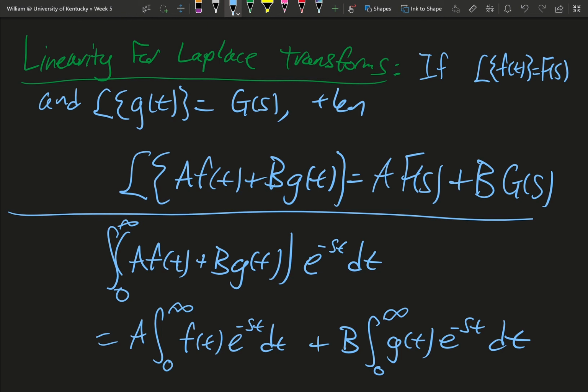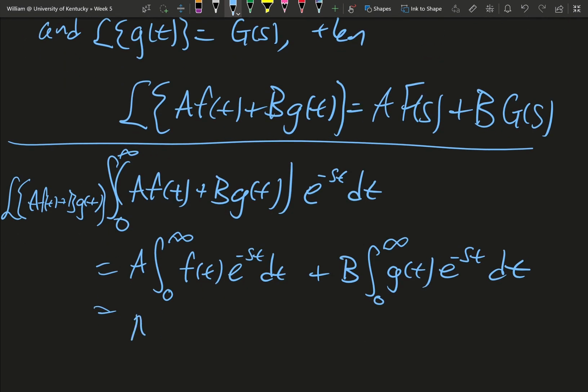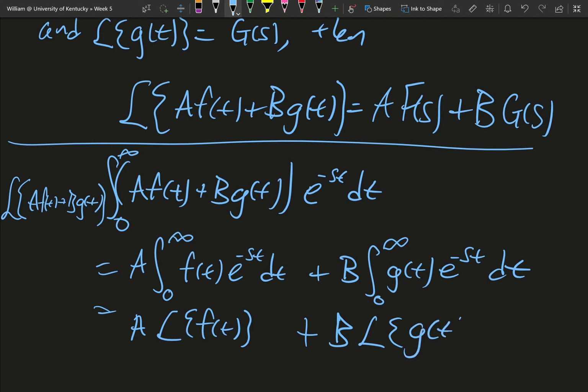So this thing is the Laplace transform of a times f of t plus b times g of t. And we see down here, this is a times the Laplace transform of f of t plus b times the Laplace transform of g of t.